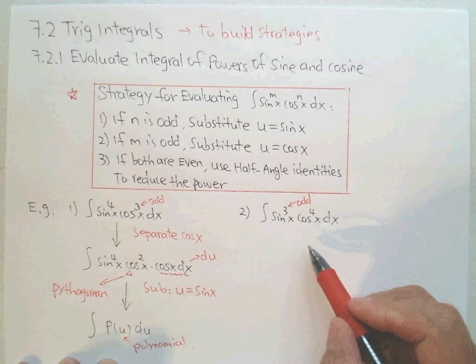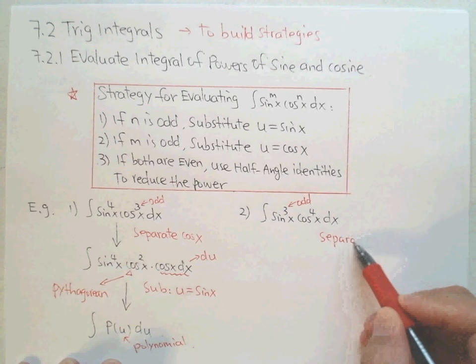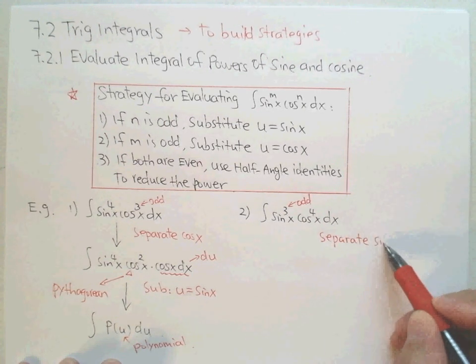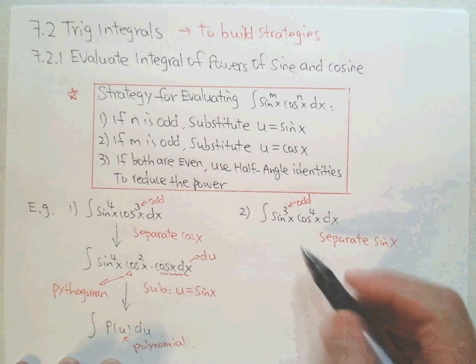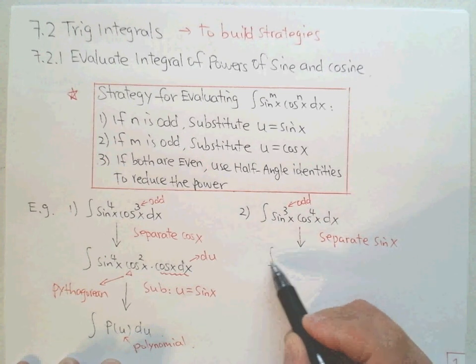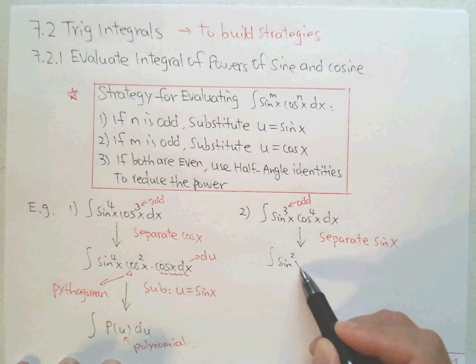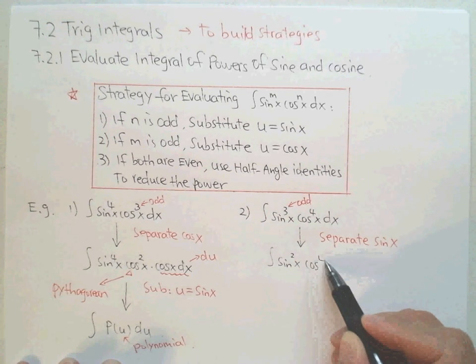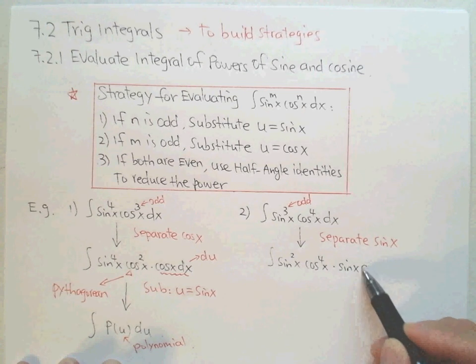So I put it here again. Separate one sine, and keep in mind the other. After we separate it, we have sine to the second power, times the other sine that was separated, and dx.